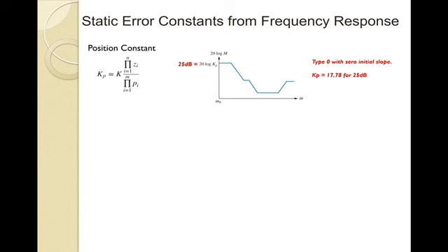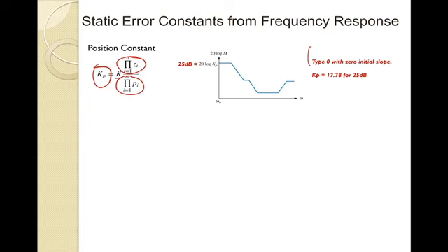And remember, we had three of them. The first was the position constant, k sub p, and what we see here is it's maybe some gain k, and then we have the product of our zeros divided by the product of our poles as shown here. So let's just assume I have some sort of frequency response as shown here, and this would be a type 0 system where the initial slope, if you will, is 0.